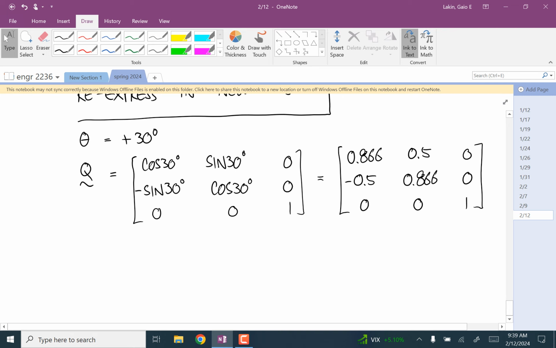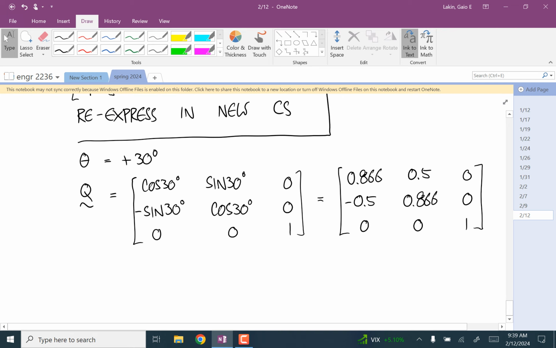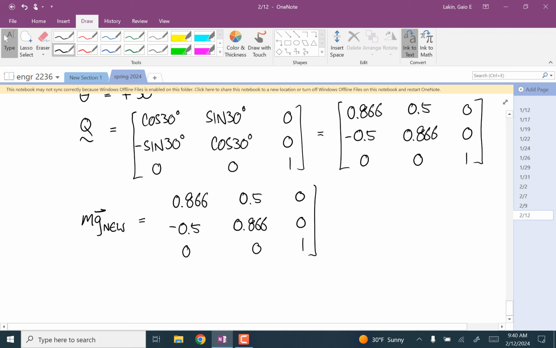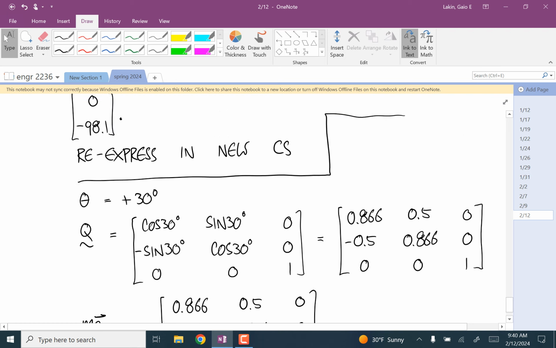And so now our weight force vector in the new coordinate system, mg new, is the matrix 0.866, 0.5, 0, negative 0.5, 0.866, 0, 0, 0, 1, times our weight force vector in the original coordinate system.